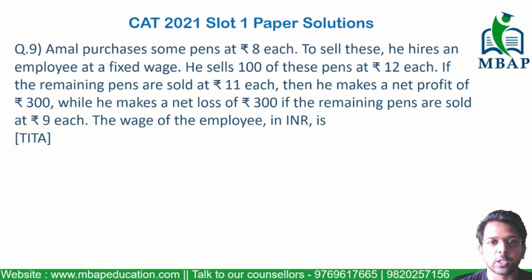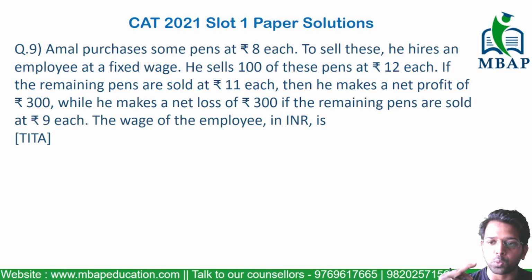If the remaining pens are sold at rupees 11 each, then he makes a net profit of 300, while if he sells the remaining pens at rupees 9 each, he makes a loss of 300. So when you sell the remaining pens at 11, there's a profit of 300. If you sell the remaining pens at rupees 9, there's a loss of 300. The question is, what is the wage of the employee?